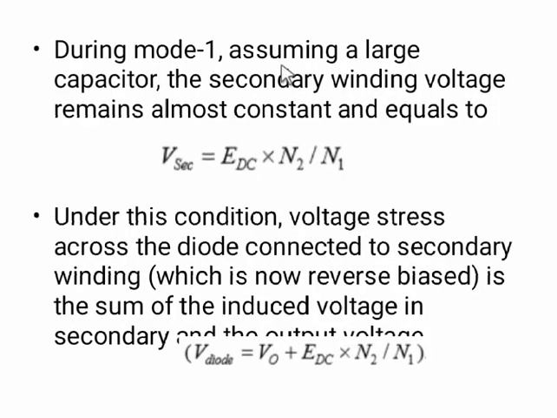During mode 1, assume the capacitor is large, so it maintains a constant output voltage, which is equal to V secondary equal to EDC into N2 divided by N1. Under these conditions, the voltage across the diode connected to the secondary winding is equal to the sum of the induced voltage in the secondary winding plus the output voltage.